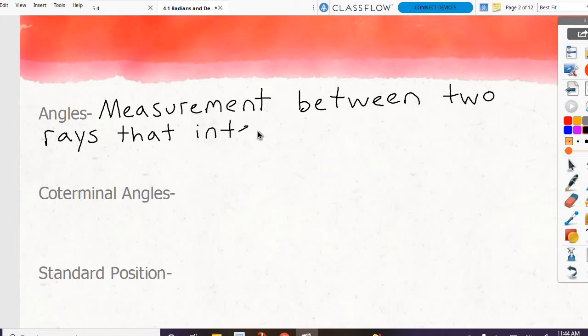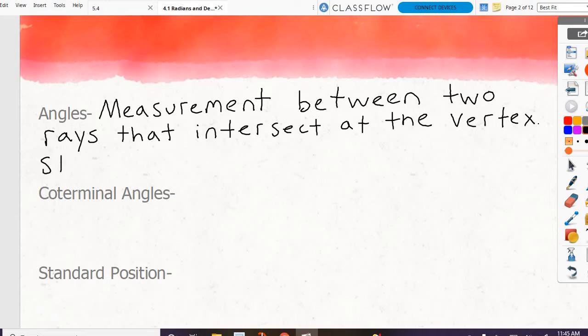That intersect at the what? Vertex. That's the point between them. Okay. We have two sides to an angle.